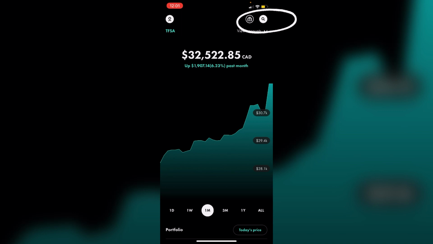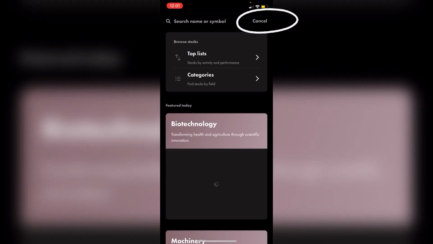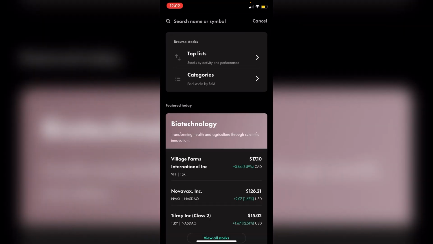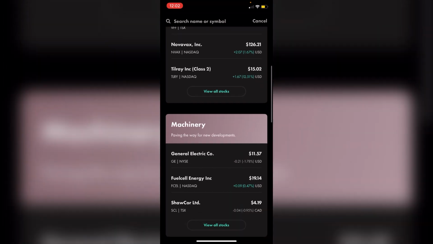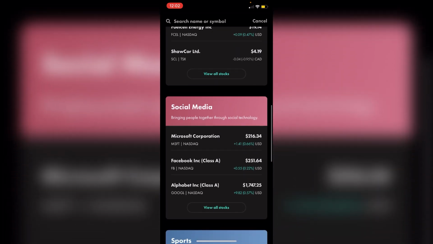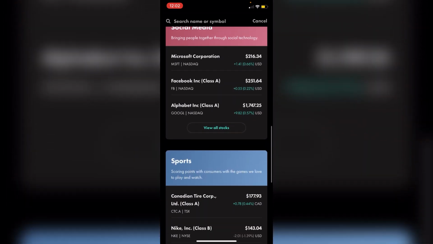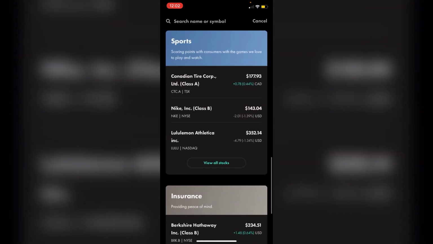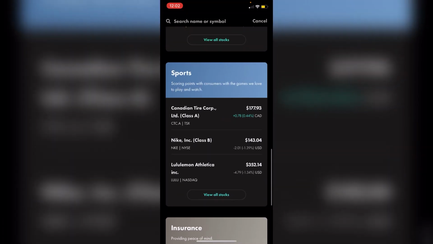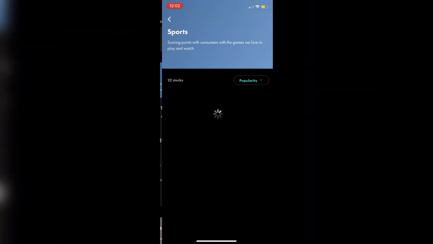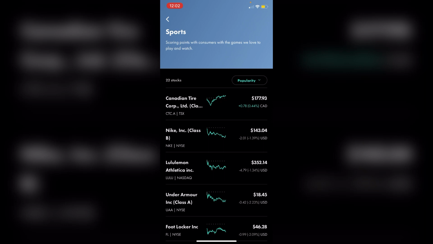If you look again on the right, you have the search bar, okay? Over here you can see stocks, you can search for stocks, categories, and you know what, I actually like this about Wealthsimple Trade because it shows you in what categories if you wanted to invest in, let's say, just sports stocks, right? And it will tell you scoring points with consumers with games we love to play and watch.